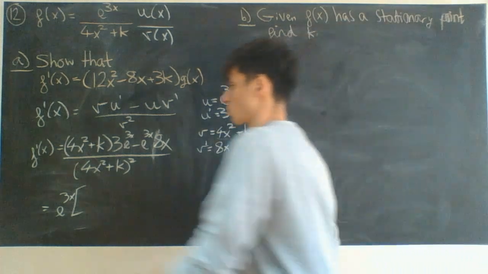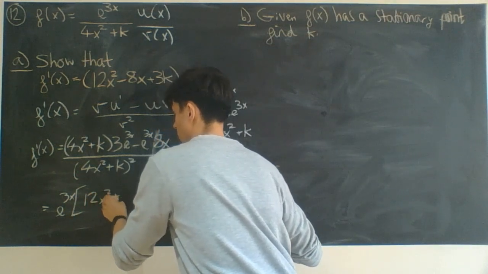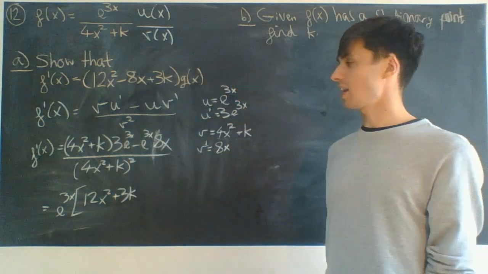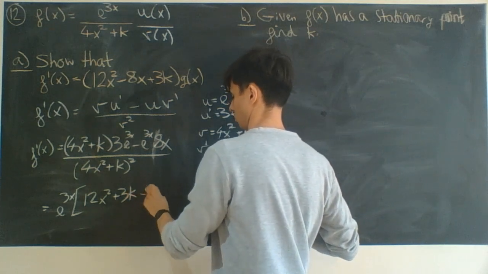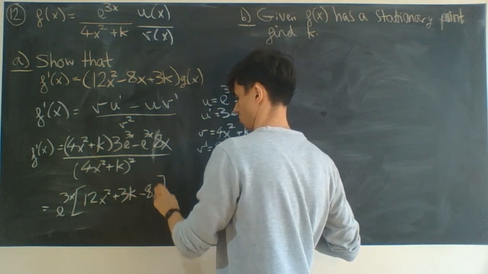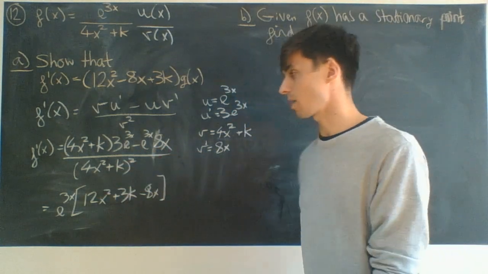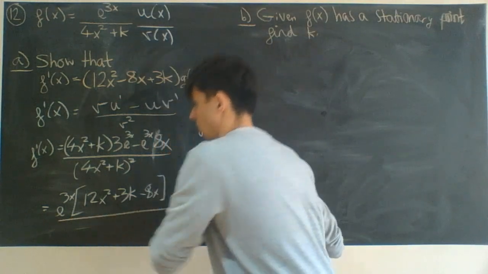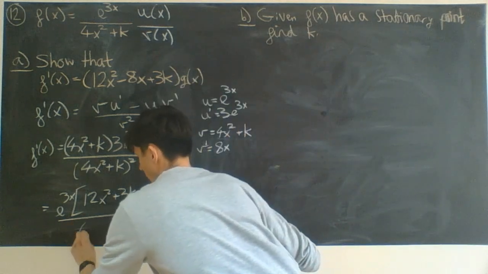So that's going to be 12x squared plus 3k, and then take away 8x, because we took out the e to the 3x from there. And on the bottom, we will still have 4x squared plus k all squared.